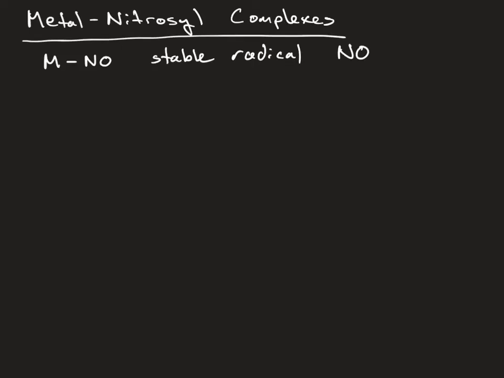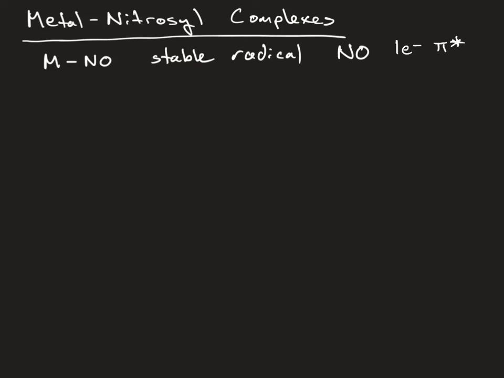So NO has 11 total valence electrons associated with it, so an odd number of electrons. It differs from O2 in that it has one less electron in the pi star orbitals. So it has one electron in its pi star orbitals.